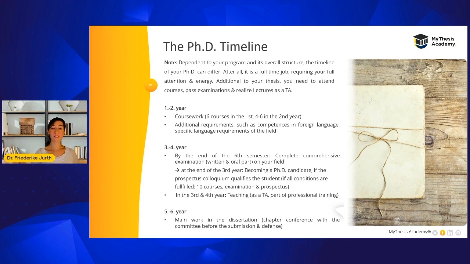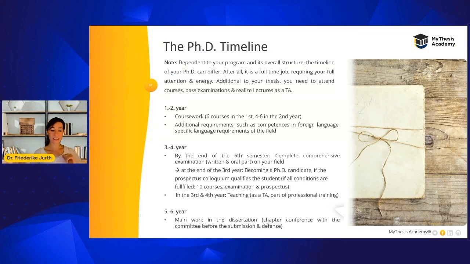And at this very moment, at the final moment of the 3rd year, you will become a PhD candidate, if your prospectus, your thesis proposal, is qualifying you as such a candidate. So if you have fulfilled the 10 courses, the examination, and if you have submitted your thesis proposal.